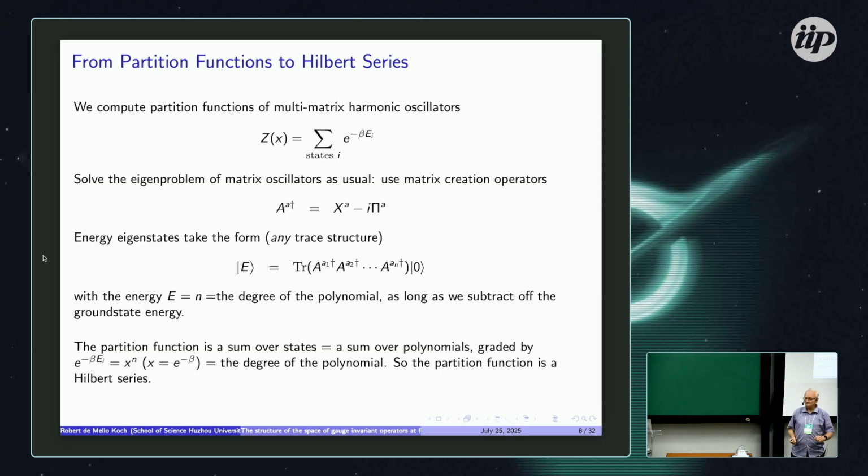I'm going to arrange things so that my oscillator has energy spacings of 1, in which case the energy is just the degree of the polynomial. So calculating that partition function is the same as summing over the polynomials and weighting them by x to the n. So the partition function for this multi-matrix oscillator system is a Hilbert series. So that's the relevance of the counting problem.